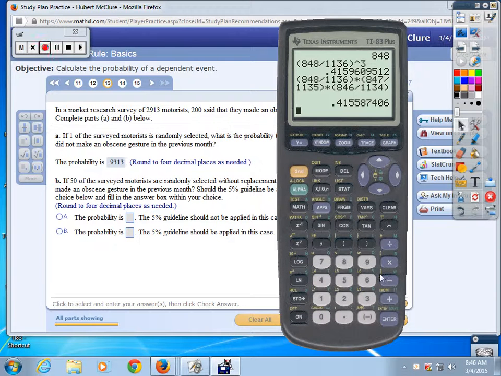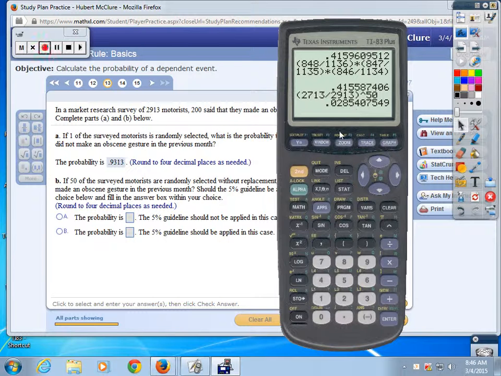But I think that's the way I'm reading the question. So I'm going to take 2713 divided by 2913 and raise it to the 50th power. 0.0285.